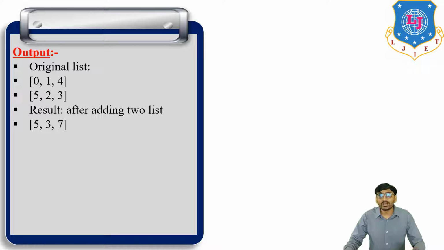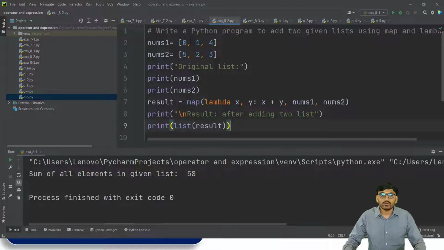Now this same program we run in PyCharm. So the same one: nums1 is the first list, nums2 is the second list. Then print original list, which is print nums1, nums2, then result is equal to map, and in the parentheses lambda x, y, then expression x plus y, then the first list and then the second list.